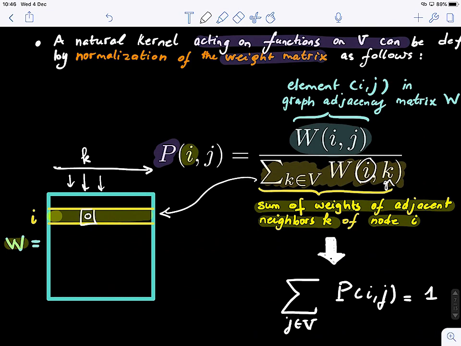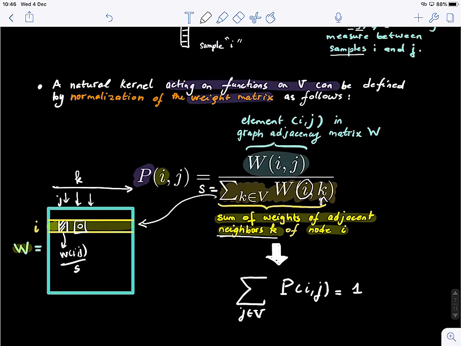So ultimately, I'm only looking at the immediate adjacent neighbors of my node I, right? And then I sum them up. So this is the strength of the node I. And then what I do is take W_ij, and I divide this element by the strength s. This is the normalization.